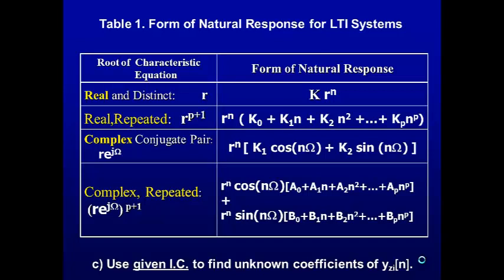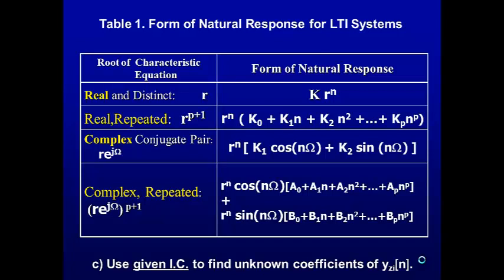Negative exponents mean I flip things over, so this is the same as minus 2k. So minus 2k is plus 2, therefore k must be minus 1. And my zero input response then is negative 1 times minus 1/2 to the n. That's true for n greater than or equal to 0, so let's put a u of n after that to handle that. And we have our first piece.